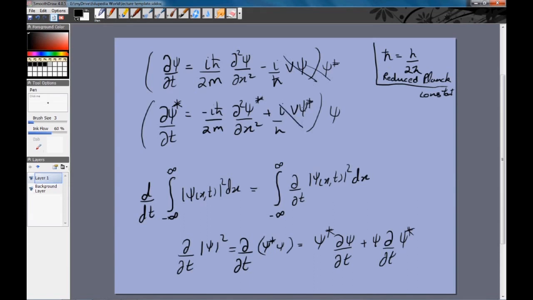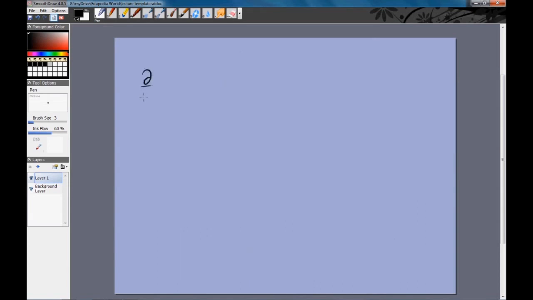And what we are left with, del by del t of mod psi squared, is equal to iota h by 2m times psi star del squared psi by del x squared minus psi del squared psi star by del x squared.